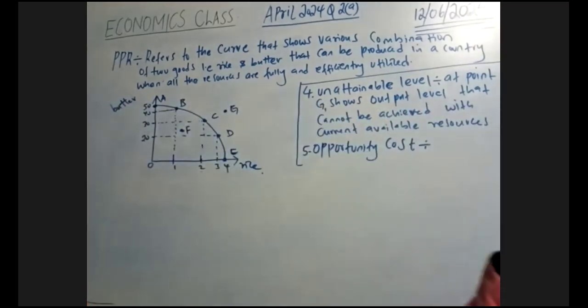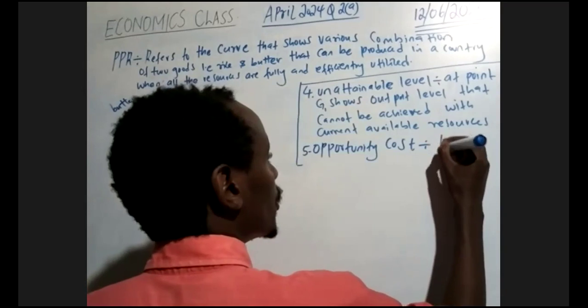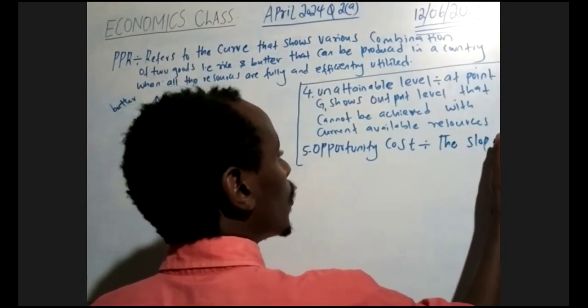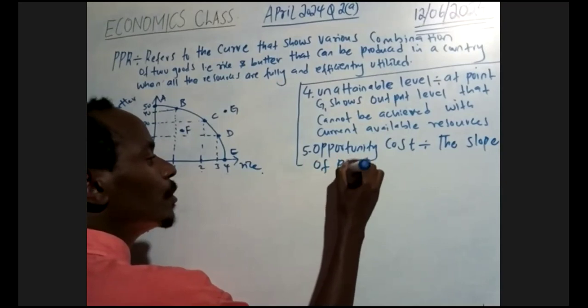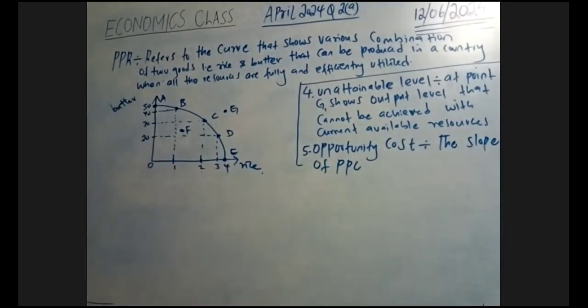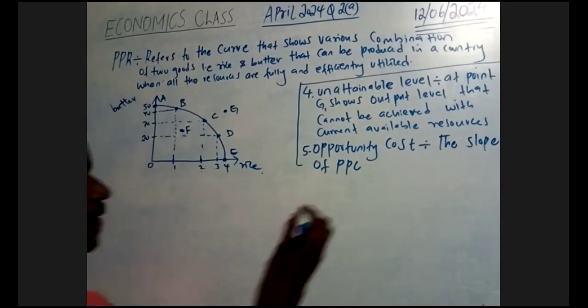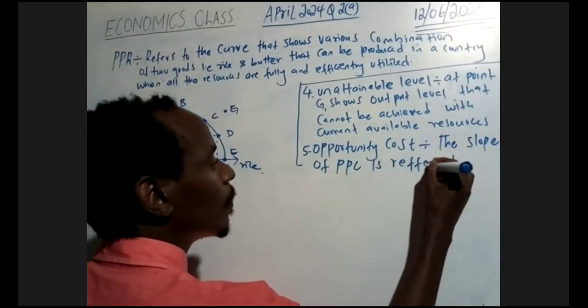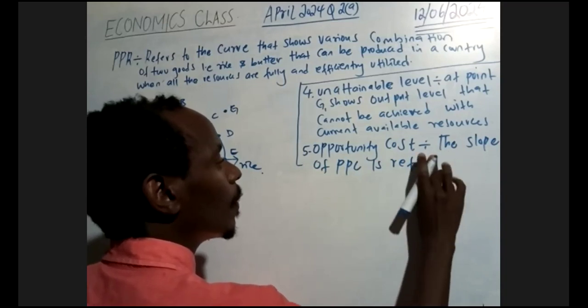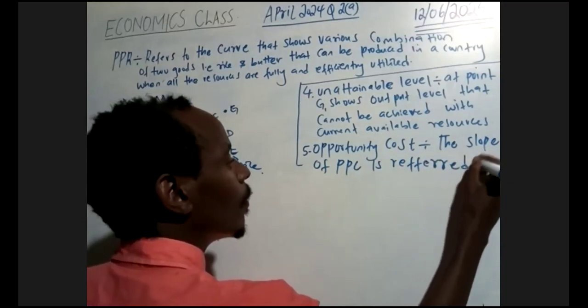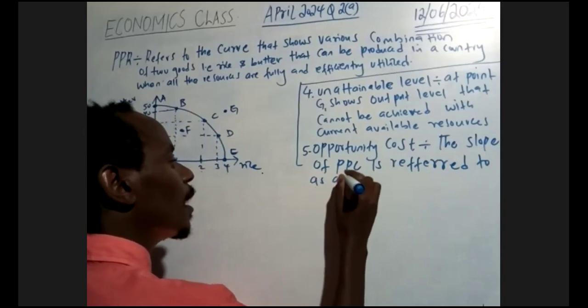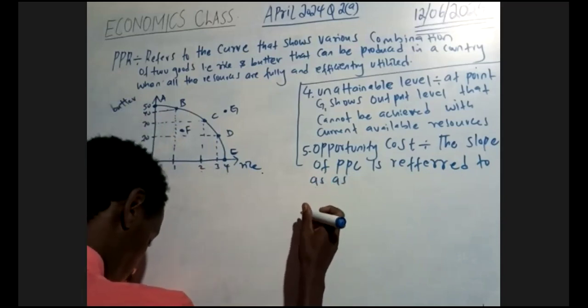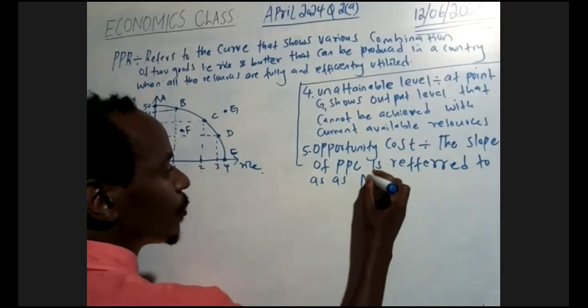We also explain using opportunity cost, and we say the slope of the PPC is referred to as the marginal rate of transformation.